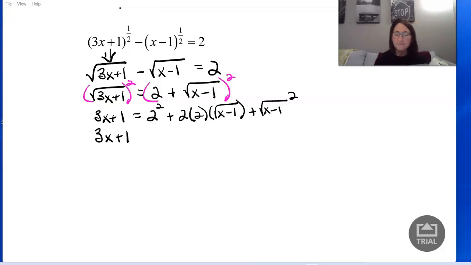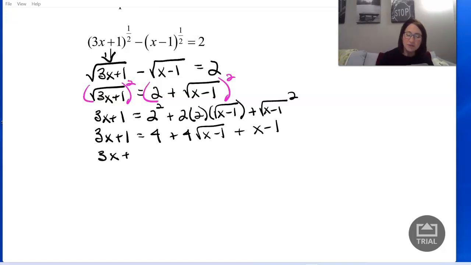3x plus 1. So then I've got that equal to 4 plus 4 square roots of x minus 1 plus x minus 1. So I've got 3x plus 1 equals, I'm going to bring together the 4 and the negative 1 to get 3, and I'm going to bring that x in front.